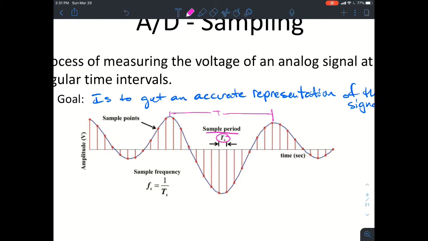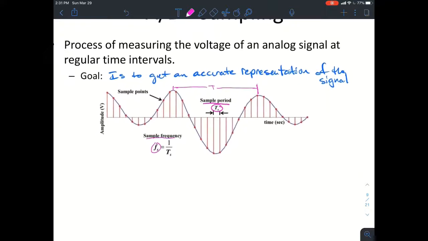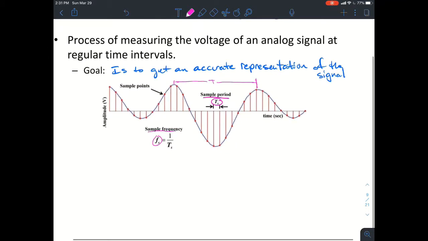But then we also see a sample frequency down here, denoted as F sub s. Make sure that you are aware that T sub s is your sample period and F sub s is your sample frequency. So if we remember our goal of getting an accurate representation of the signal, and T sub s has to be much faster than the period of the overall analog signal, that allows us to know a couple things.